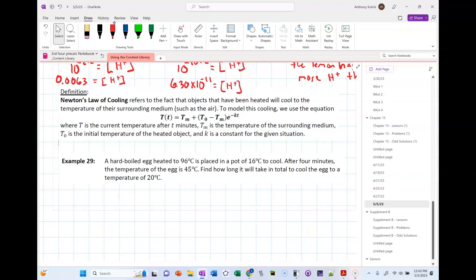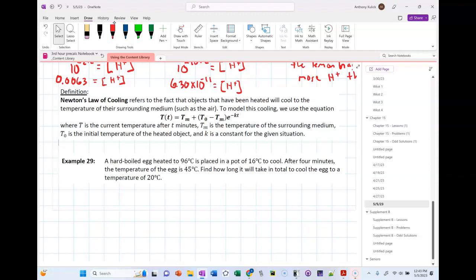Well, it says just a cold, empty pot. Yeah. And it seems like water has to be in there, especially because that's usually how you make hard-boiled eggs. After 4 minutes, the temperature of the egg is 45 degrees Celsius. Find out how long it will take in total to cool the egg to a temperature of 20 degrees Celsius.